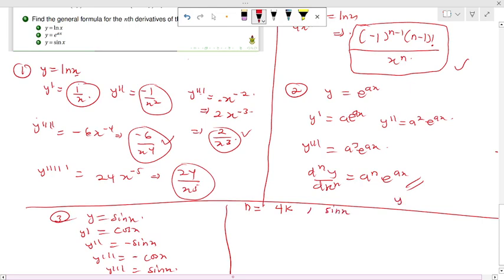So meaning that if you want y to the power 16, you will have sine x. It's a multiple of 4. Then if your n is in the form 4k plus 1, you are going to get cos x. You realize it here, cos x. And if your n is 4k plus 2, you get negative sine x. Then if your n is equal to 4k plus 3, you get negative cos x.